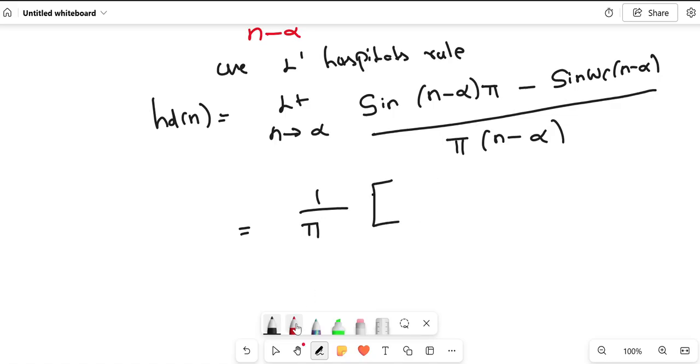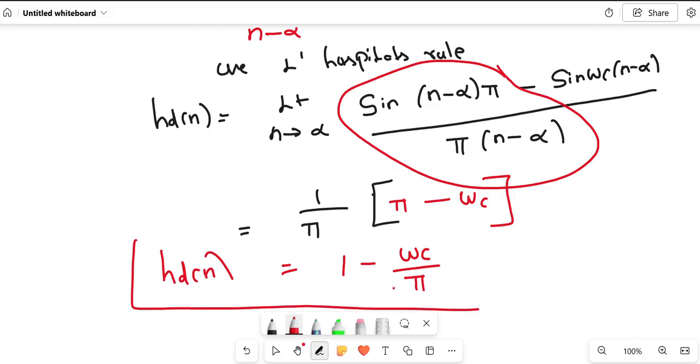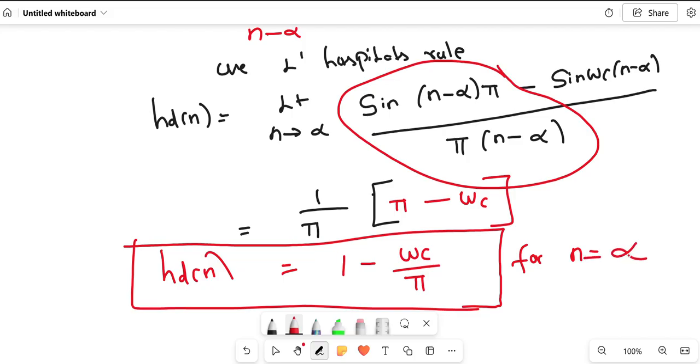You will get pi minus omega c, so pi minus omega c by pi. So hd of n equals 1 minus omega c by pi for n equal to alpha.